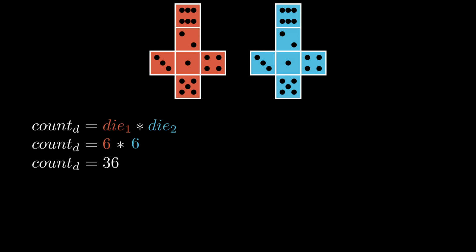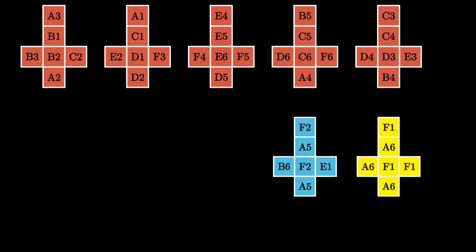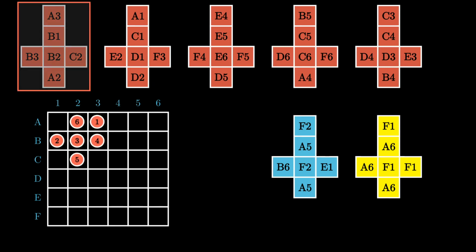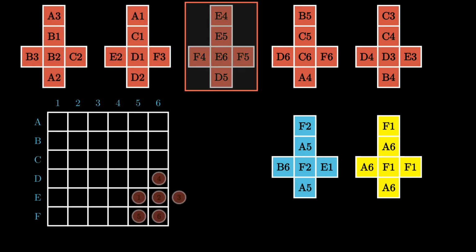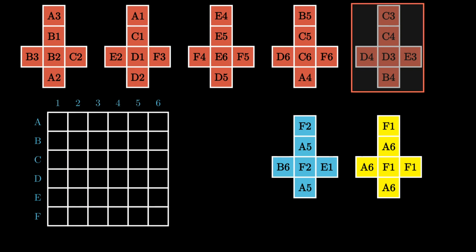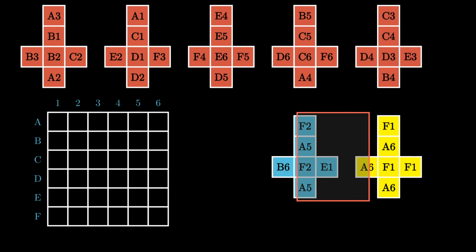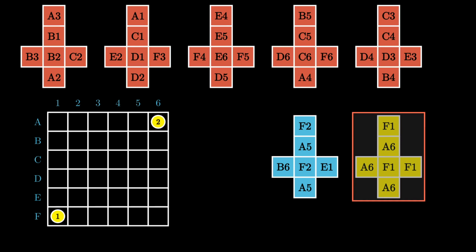Using this knowledge, we can figure out how many genius squares are possible using the dice. Here are the faces of the 7 dice which come with the game, and the first 5 dice all have 6 unique sides, but look closely at the last 2 dice. One of them has only 4 unique possibilities, and the final die has only 2.